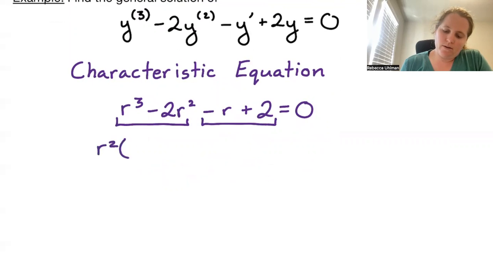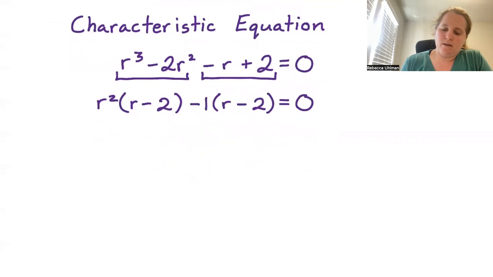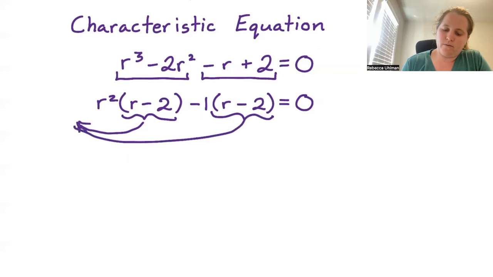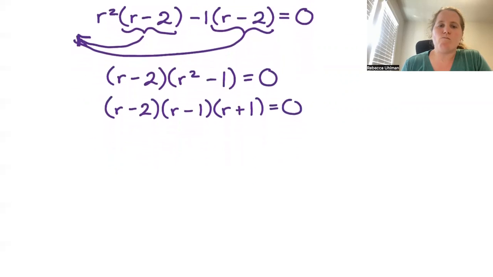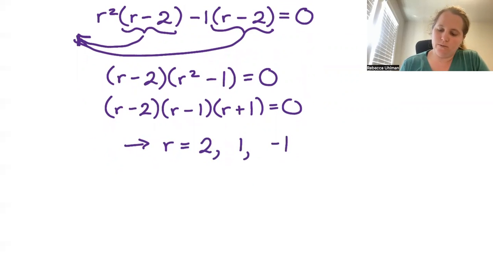We have r² times (r - 2), and then minus 1 times (r - 2) is equal to 0. Since r - 2 and r - 2 match, we can go ahead and factor them out. And we have (r - 2)(r² - 1) = 0, or (r - 2)(r - 1)(r + 1) = 0. Thus we get r is either 2, 1, or negative 1, and we have 3 distinct real roots.